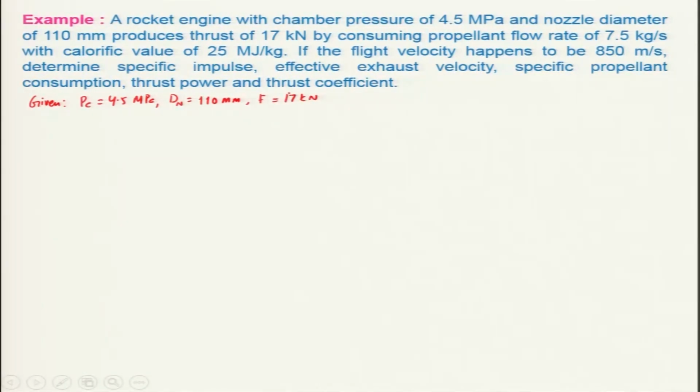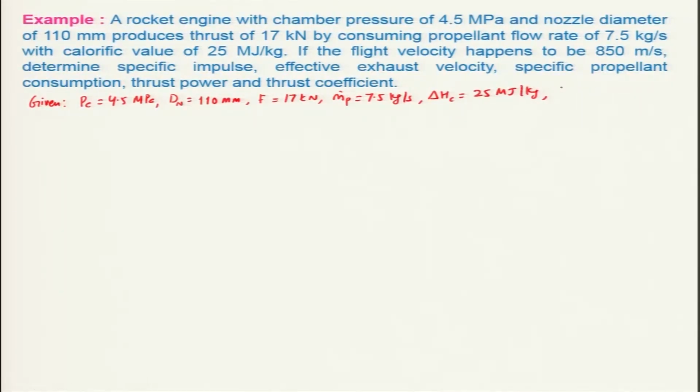It is a very small force being produced by this engine. The propellant mass flow rate is 7.5 kg per second, and the calorific value of this propellant is 25 megajoule per kg.